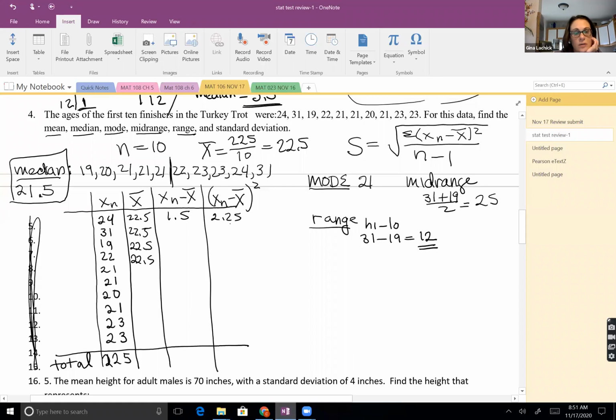Excuse me, Professor? Yeah. When we do the test, do we have to remember to write these formulas on top? No. Okay, but when we do our charts, I just want to make sure. Gina, I put this formula on the test for you. And I put this chart on the test for you to help you remember what you need to do for standard deviation.